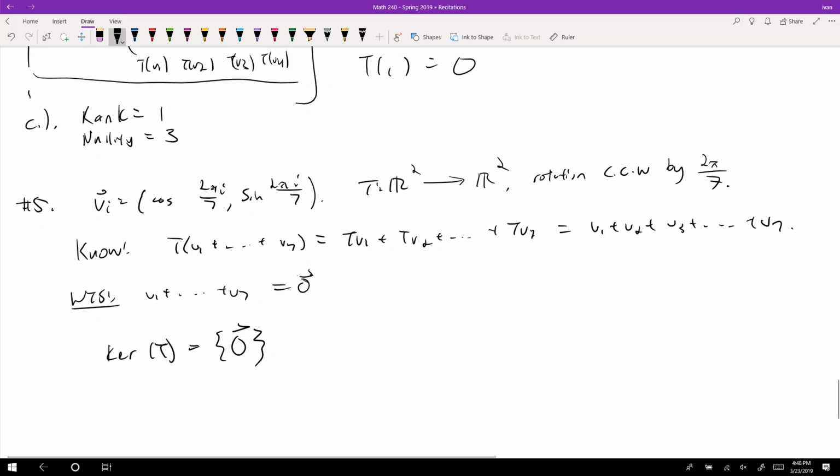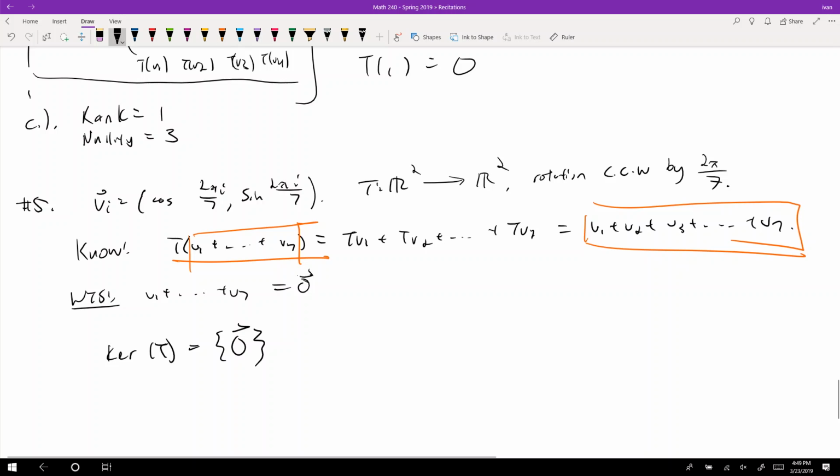Okay, and what do we know about V1 plus V7? Now we know that the only vector that gets fixed ever, because essentially what's happening is that you're rotating some vector and it's staying fixed. So T of V1 plus V7 is equal to V1 plus V7.